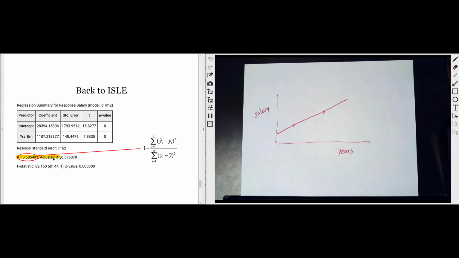The adjusted R-squared will converge to the R-squared in much the same way that the t-distribution converges to the normal distribution as your number of data points gets larger and larger.